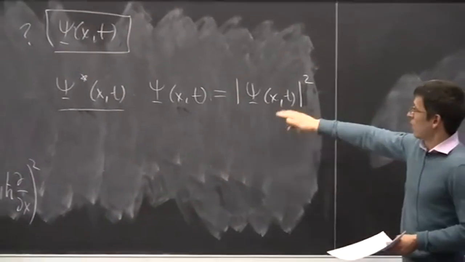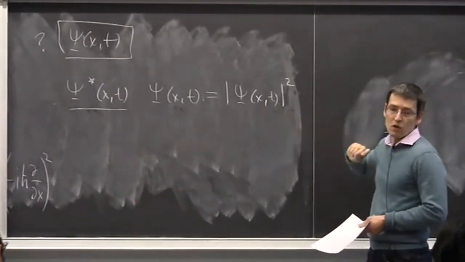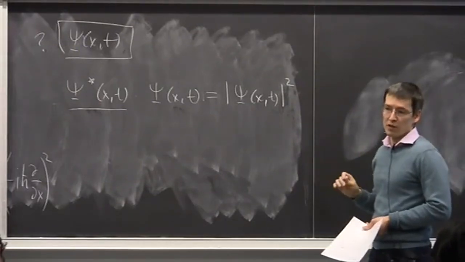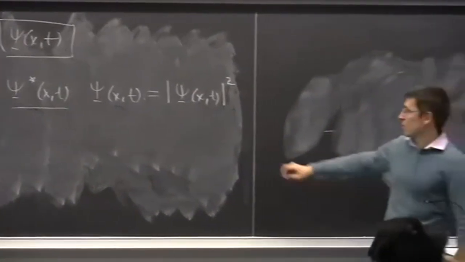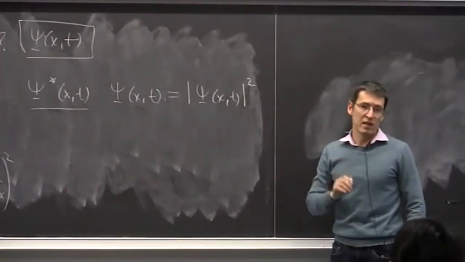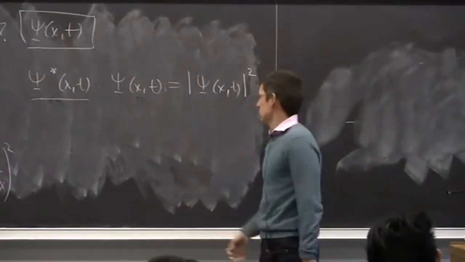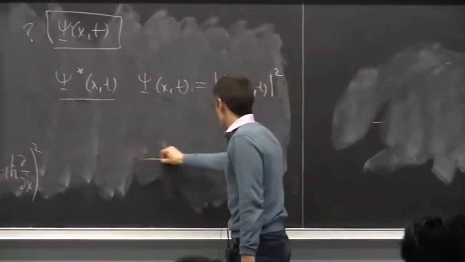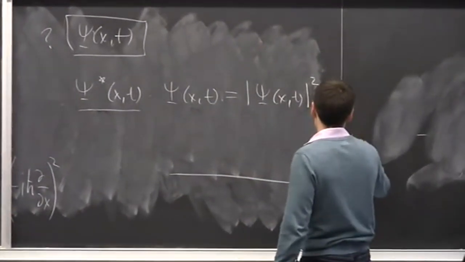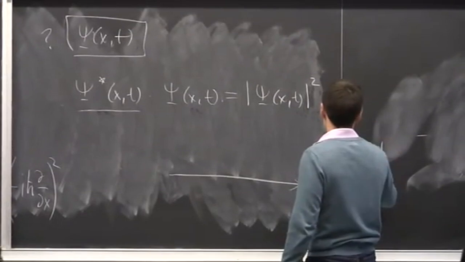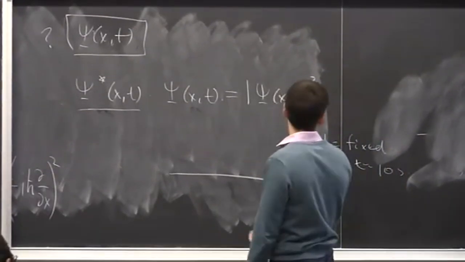Now, this turns out to be the key to defining where the particle is. If you have a quantum particle, then this defines the probability density to find the particle in space, essentially. Say we fix time, t is fixed for simplicity. Say t is 10 seconds after the beginning of the universe, right?